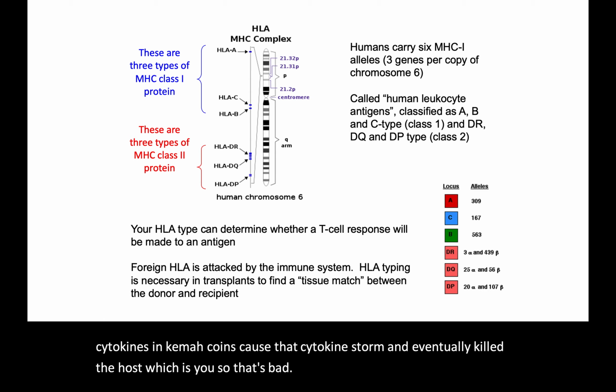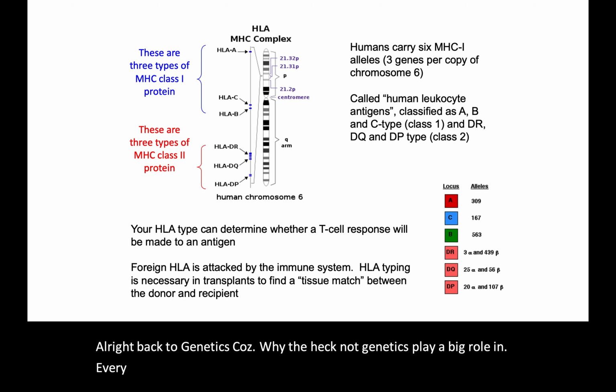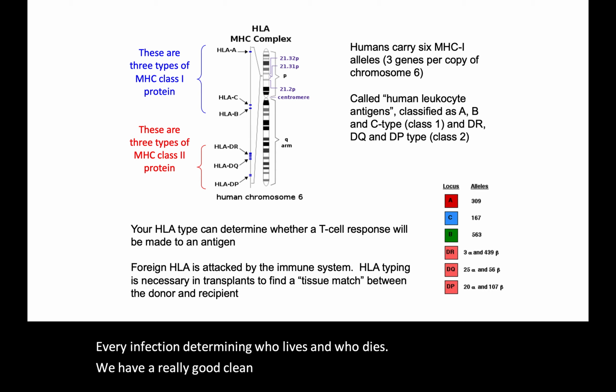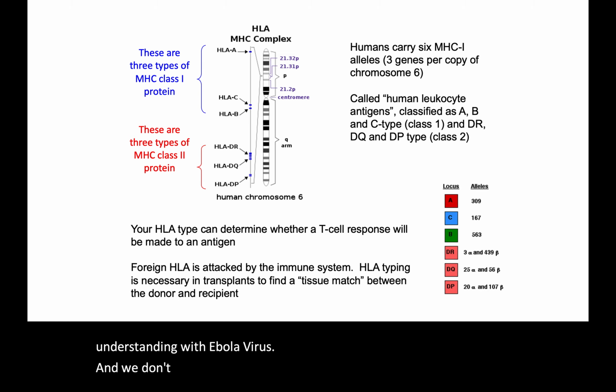All right, back to genetics, because why the heck not? Genetics play a big role in every infection, determining who lives and who dies. We have a really good, clean story that we can tell. We have a decent understanding with Ebola virus, and we don't have that same understanding for some other viruses.